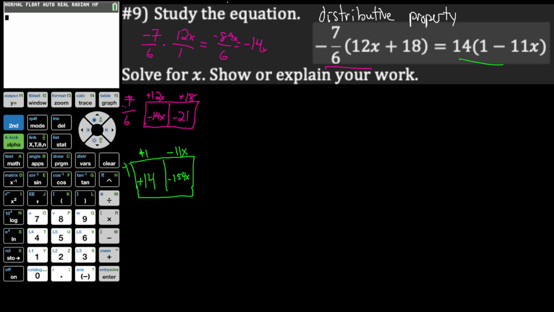Distributive property. All right, so now I can rewrite my two sides of my equation. So I have negative 14x minus 21 is equal to 14 minus 154 times x. And now if you ever have variables on both sides, let me move this around a little bit.